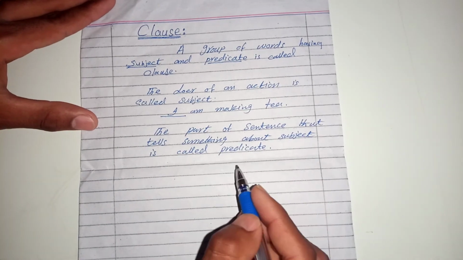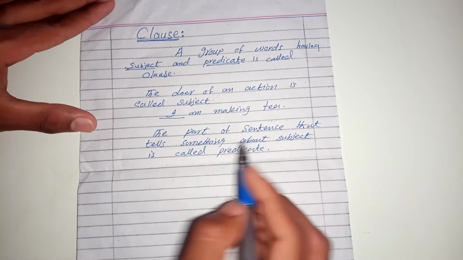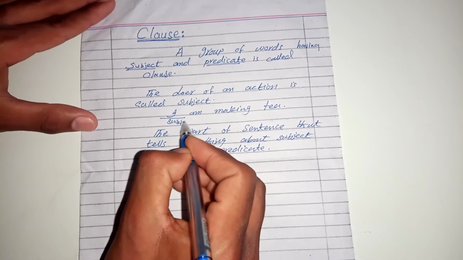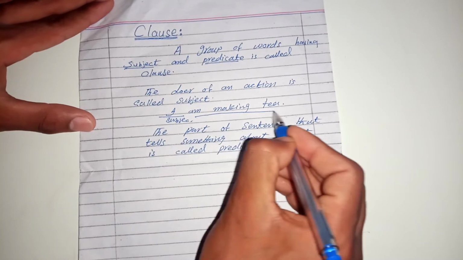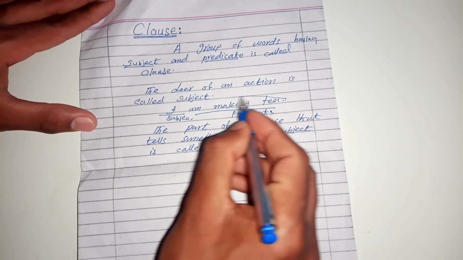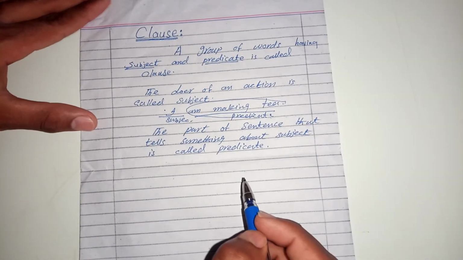It means that now I'm going to give the example, just as I put this example, and this is the subject and the remaining part is the predicate, because this part is actually telling something about the subject, that's why it's called predicate.